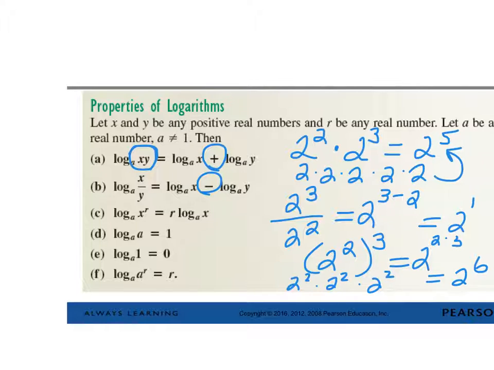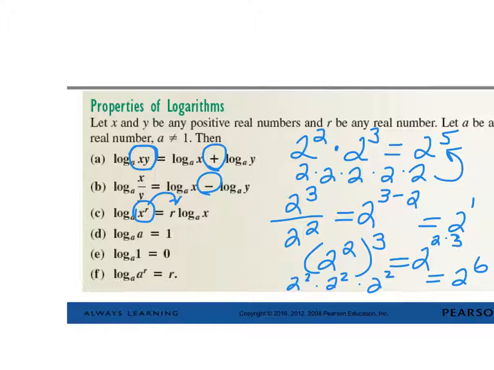And so, similarly, if what you're taking the log of is something to a power, you can bring that power down in front and multiply by it, because in the exponential expression you're multiplying your powers.